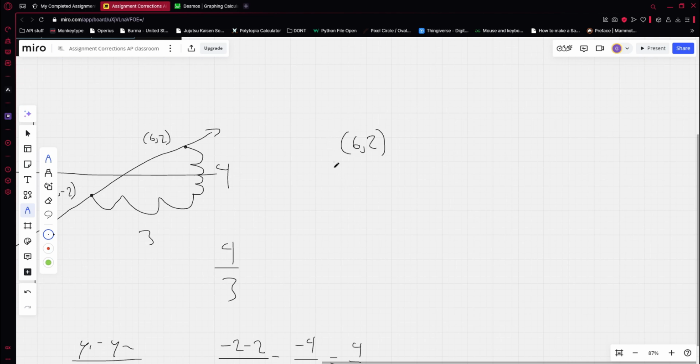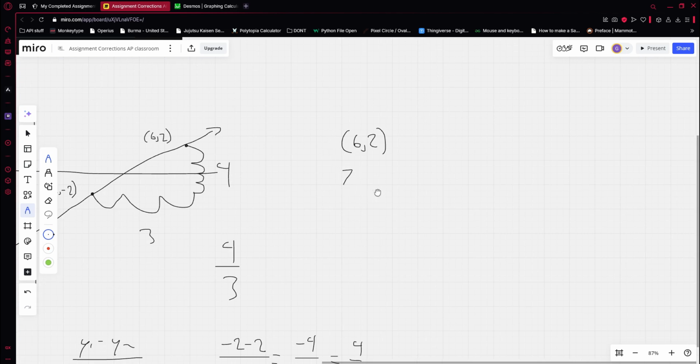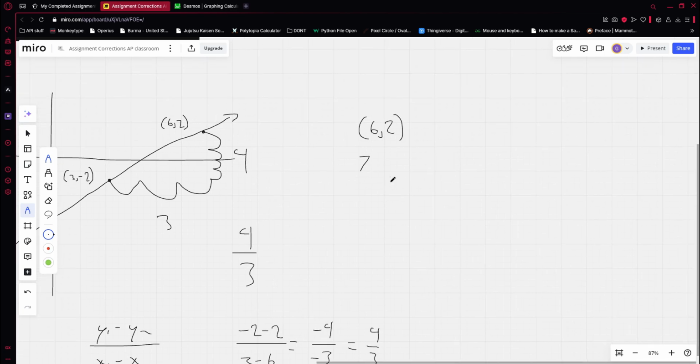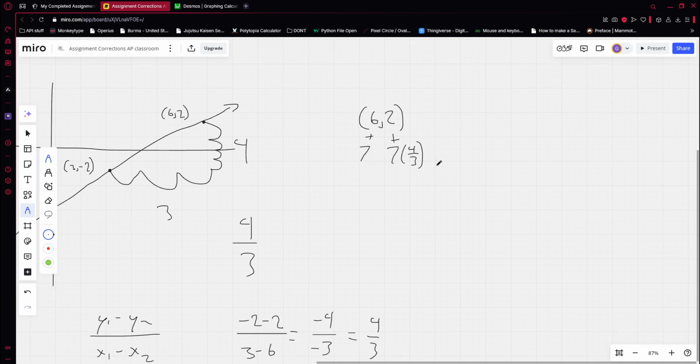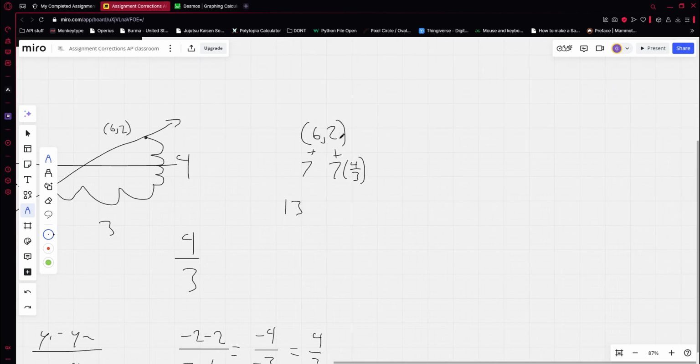If we are adding 7, so as x increases by 7, then y increases by 7 times our slope, which is 4 over 3, plus whatever we had. So this gets us to 13. If we multiply these two, we get 28.